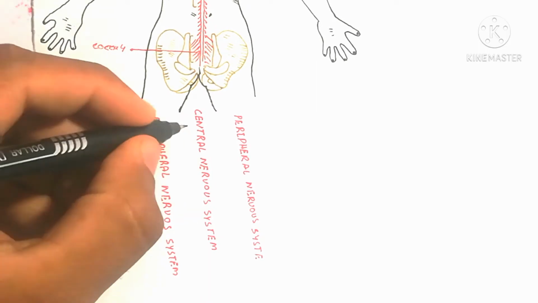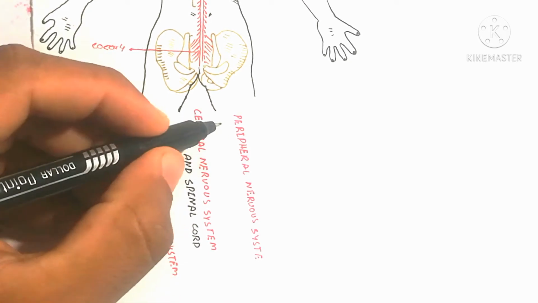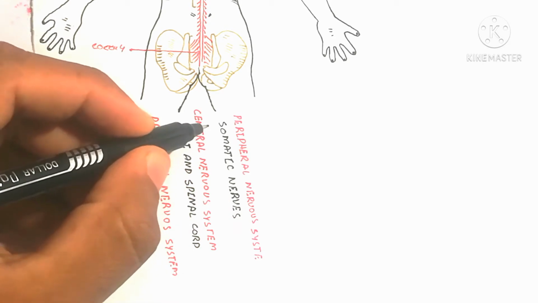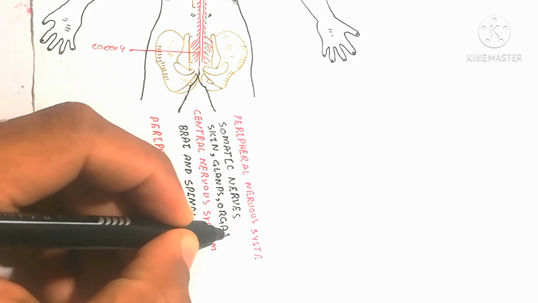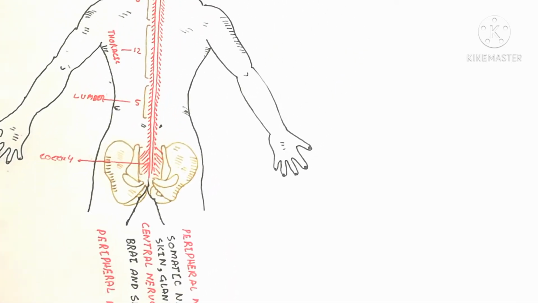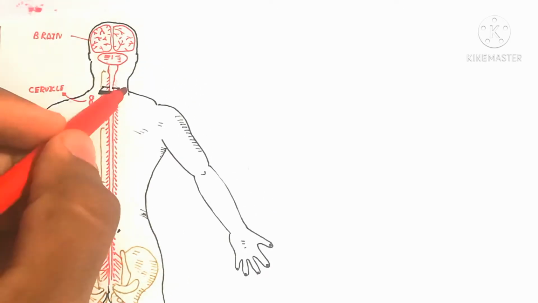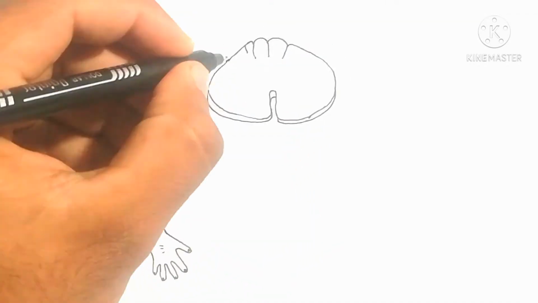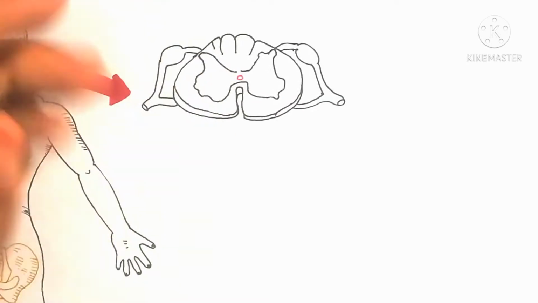Here the brain and spinal cord make up the central nervous system, and here is the somatic nervous system, which has motor neurons and sensory neurons. On the other hand, the interneurons or relay neurons are present in the central nervous system, and different nuclei are present.